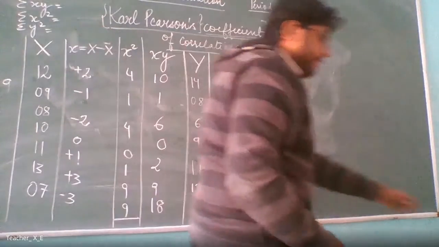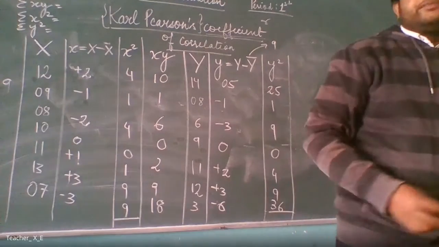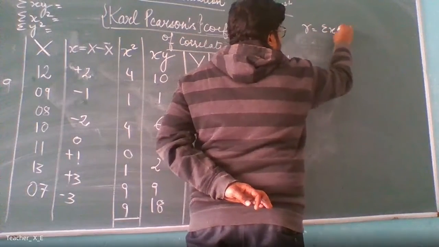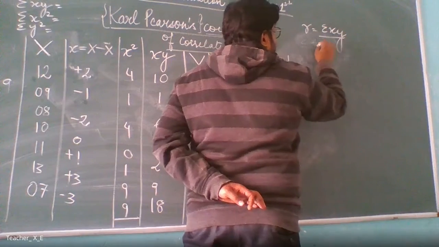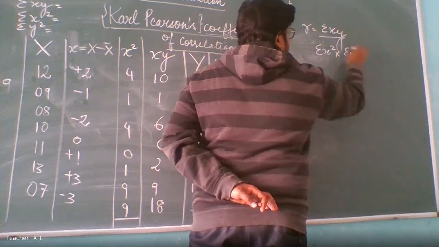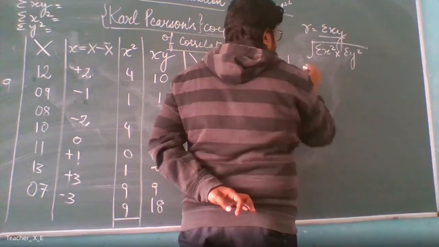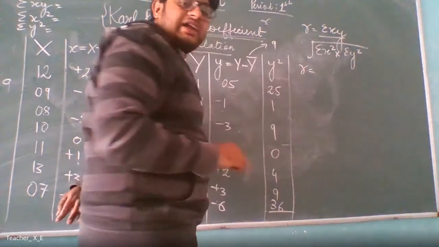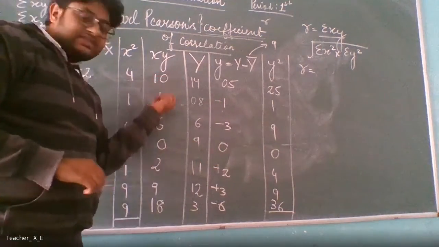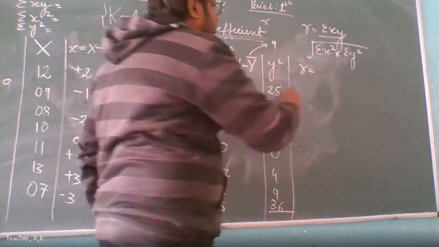So I am writing the formula. What is the formula? Summation of xy upon the square root of summation of x square into summation of y square. When I have added this row, this xy, I have got 46.